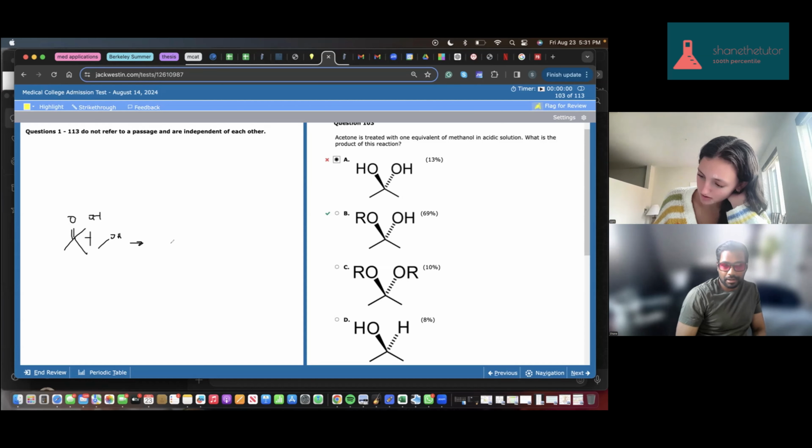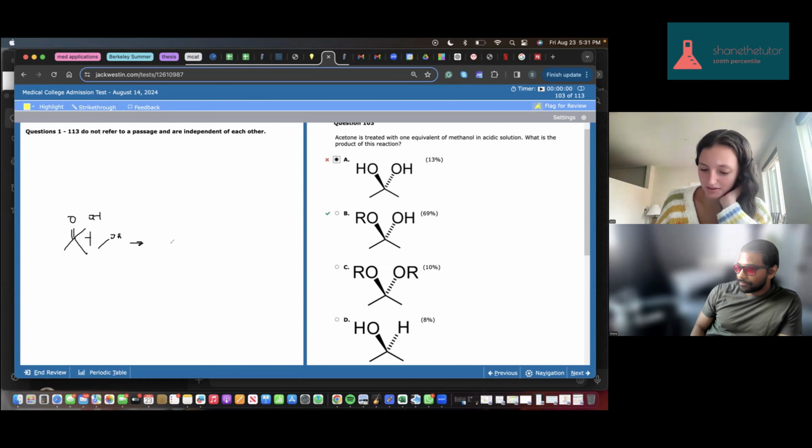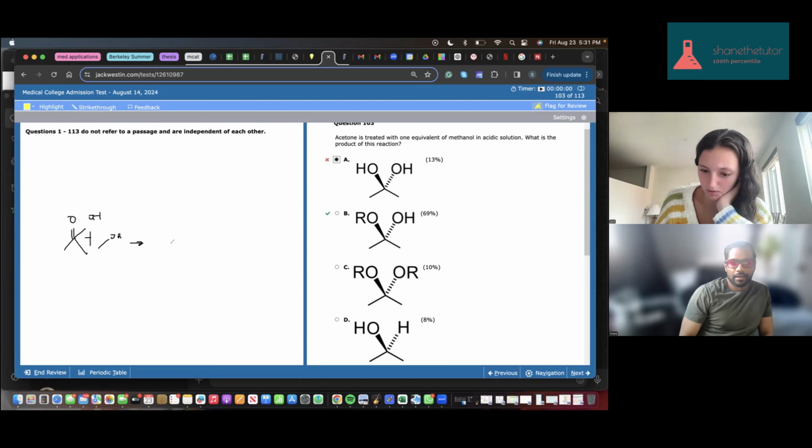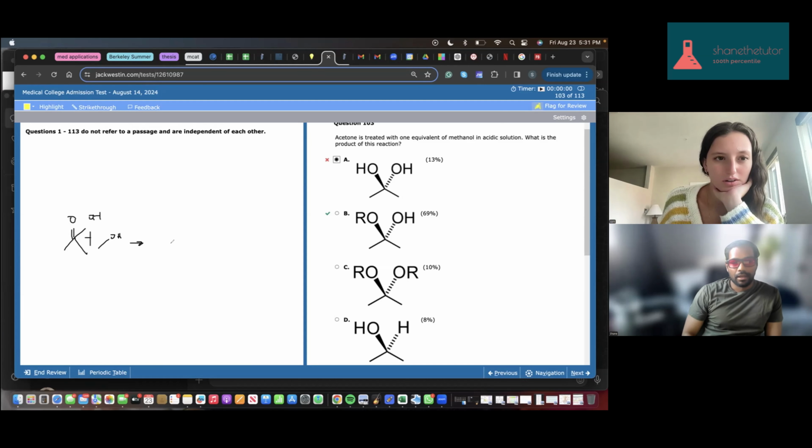Hydroxyl is the most common functional group, and you always say something else. A nucleophile, which is a proton donor. Not a proton donor.